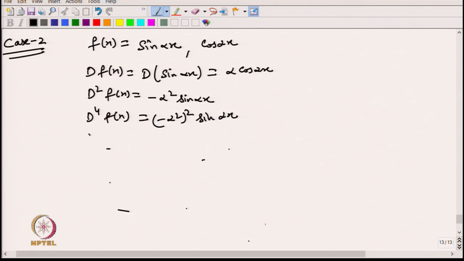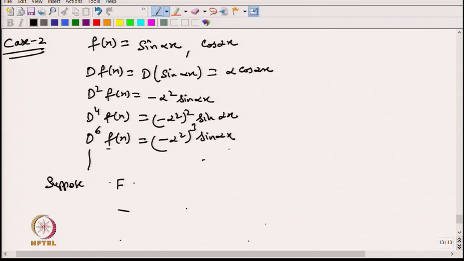Similarly, for the even powers, it will become minus alpha square to the power cube sin alpha x. Like this I can find the derivative for all the even powers of D.